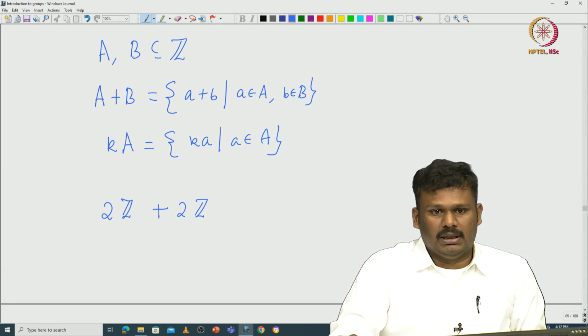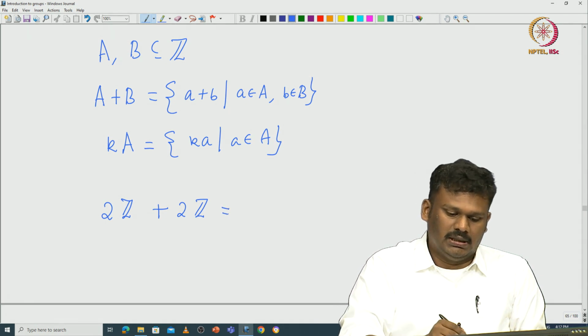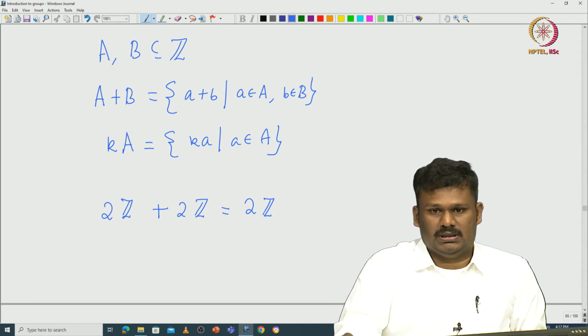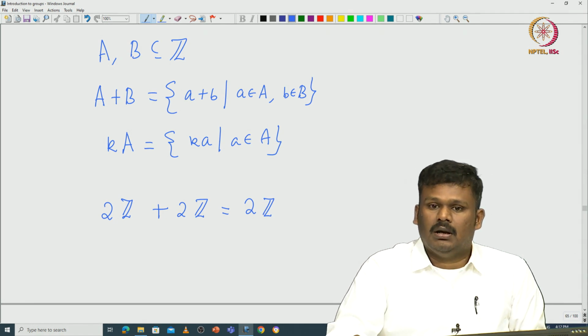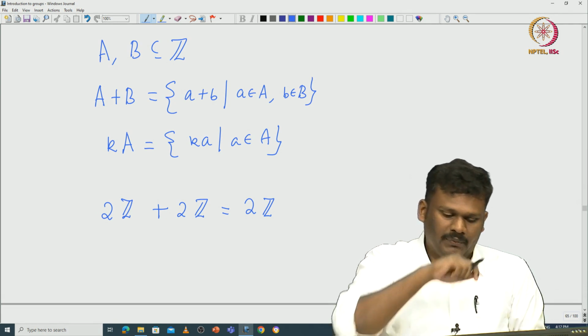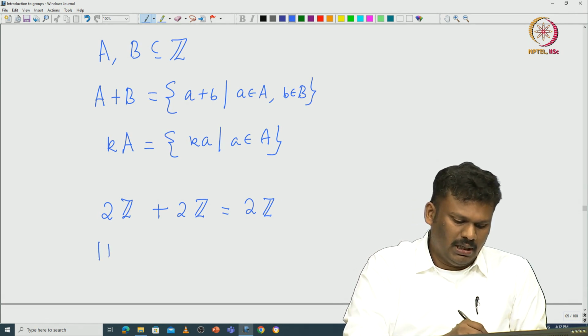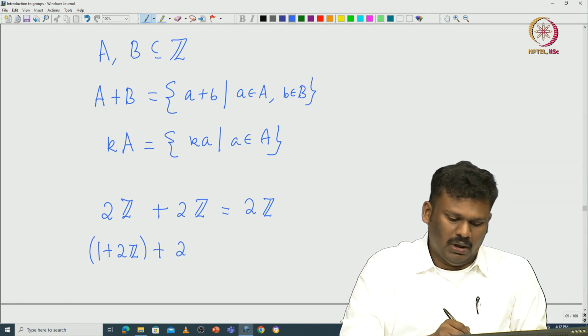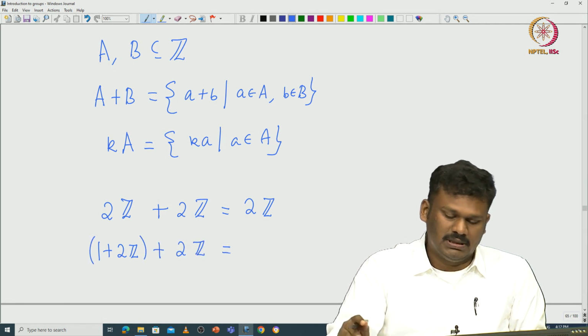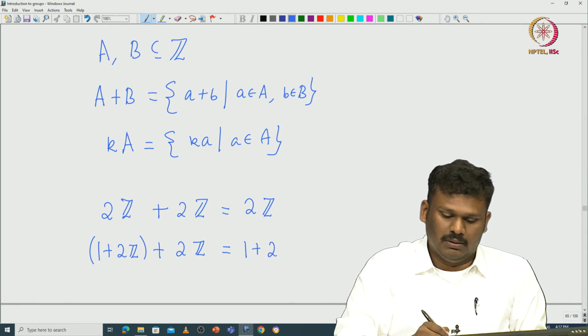When you look at it as a subset of z, you can see that this is exactly 2z. That means it consists of exactly all even numbers, because 0 is in 2z. Okay. Similarly, if you take 1 plus 2z, which is odd, and add it with 2z, then what happens? As a subset of z, you can see that this exactly becomes 1 plus 2z.